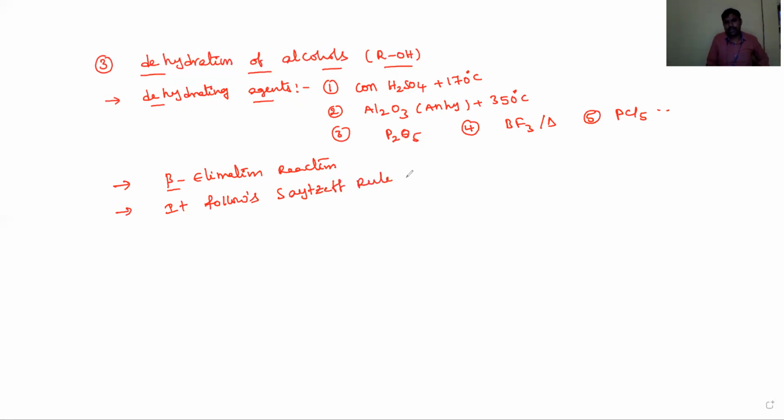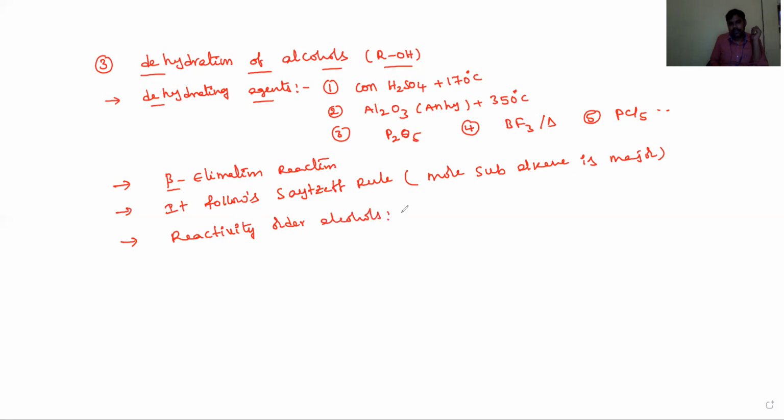Saytzeff rule: according to Saytzeff's rule, the more substituted alkene is the major product. Now the reactivity order of alcohols: tertiary alcohols are more reactive than secondary alcohols, and then primary alcohols.